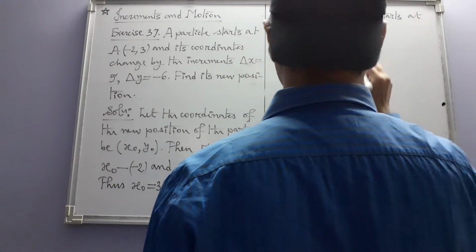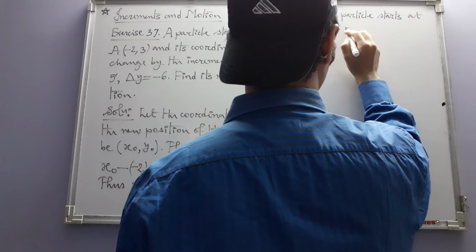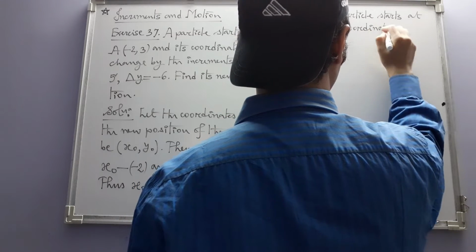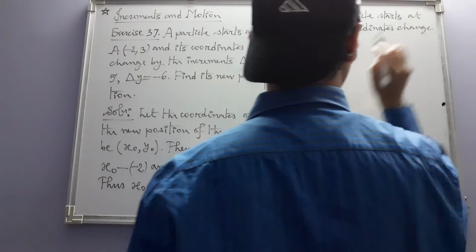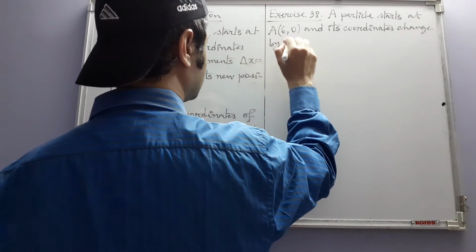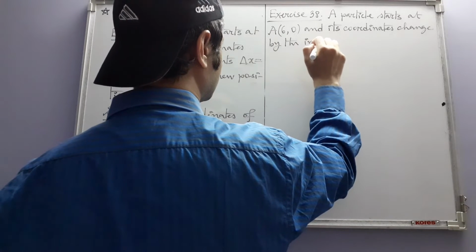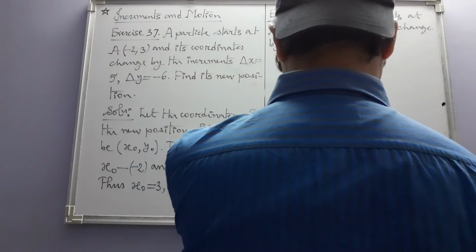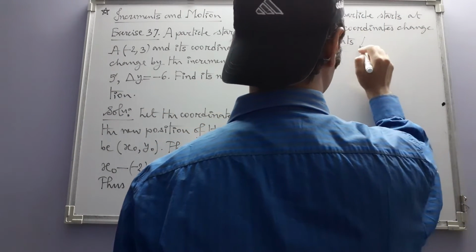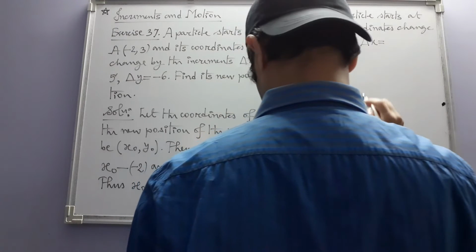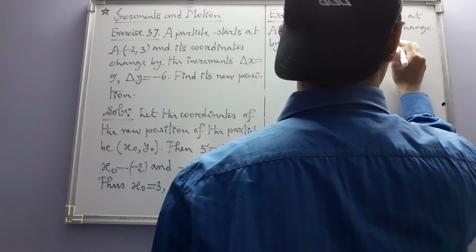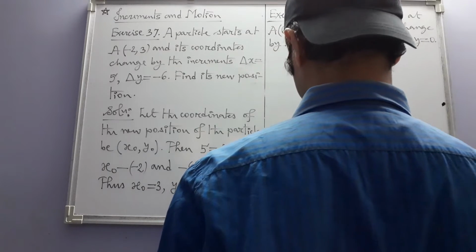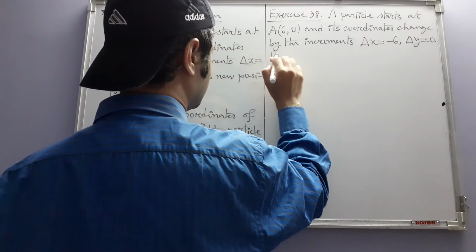And its coordinates change by the increments. This time delta x is minus 6 and delta y is 0. Find its new position.